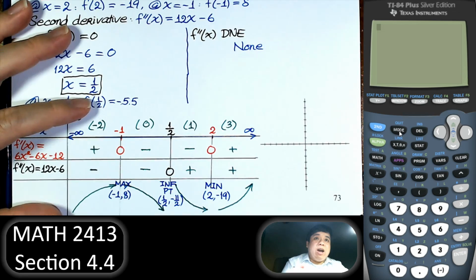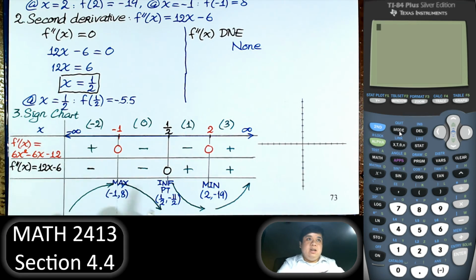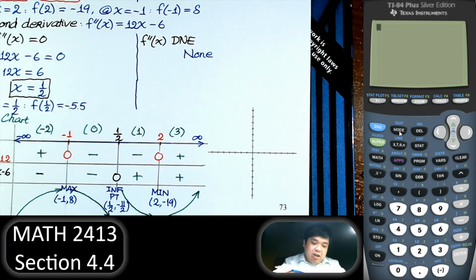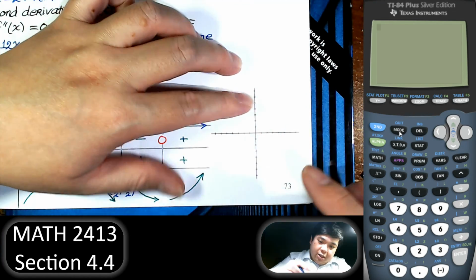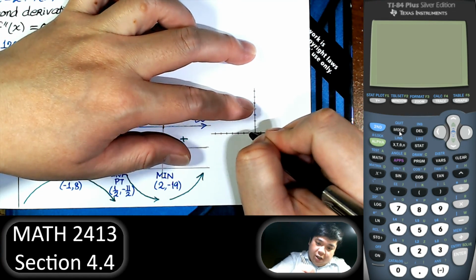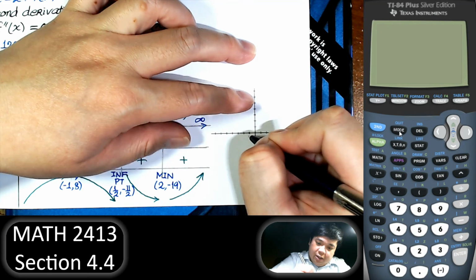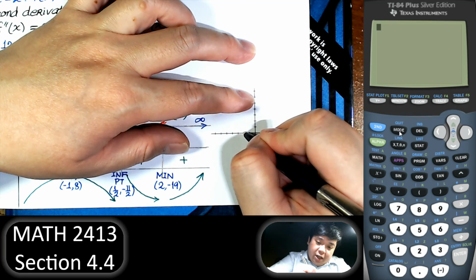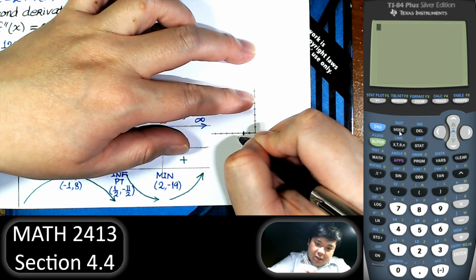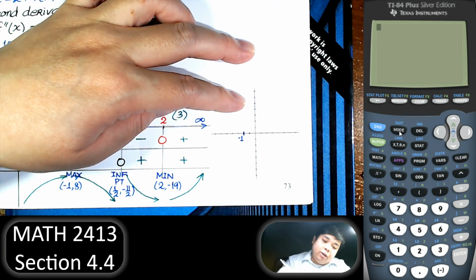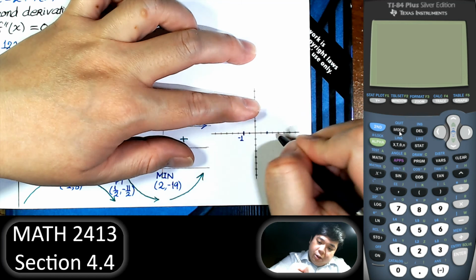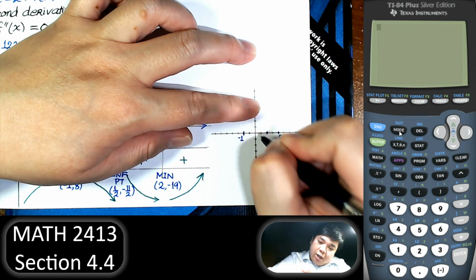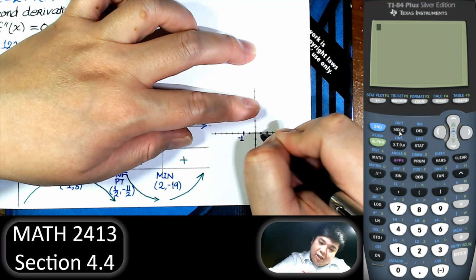Now put it on the graph, and we just copy and paste this portion of the graph into the graph itself. So let's see, we have negative 1. Actually, because of the scale we can choose, let's say negative 1 is here, and 2 is there. 1/2 will be here.